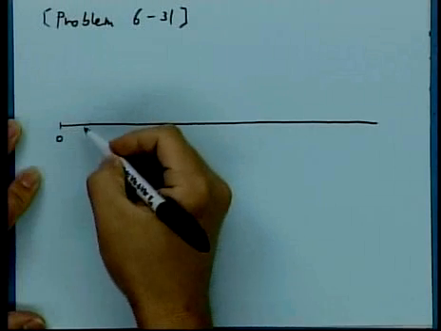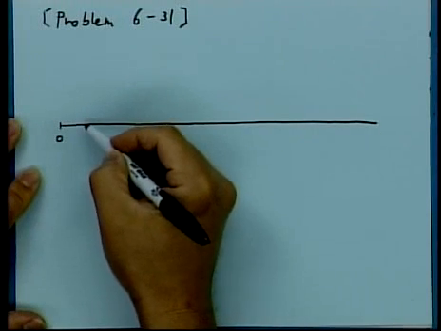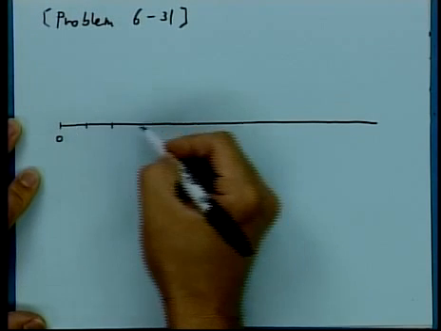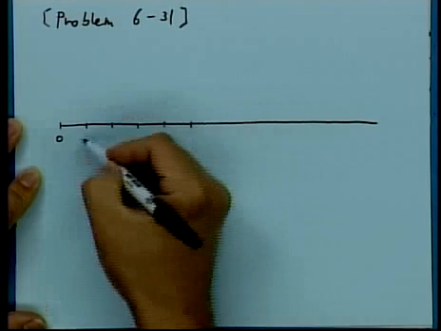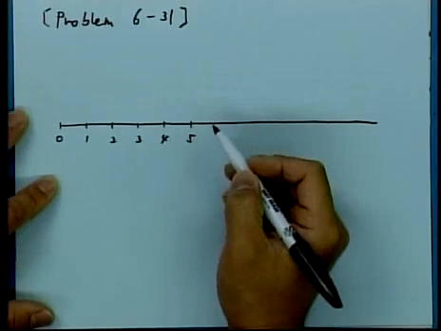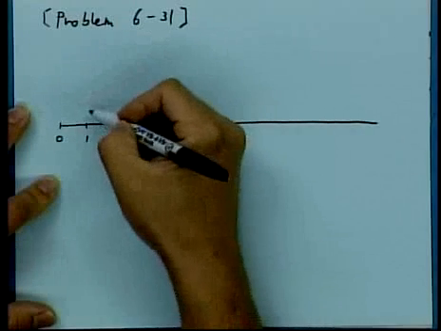Starting from 0, during each of the first 5 years, 1, 2, 3, 4, 5, $1,000 per year will be budgeted.